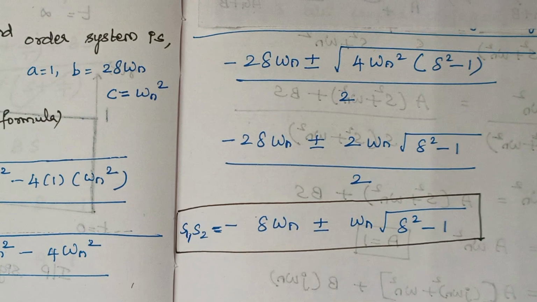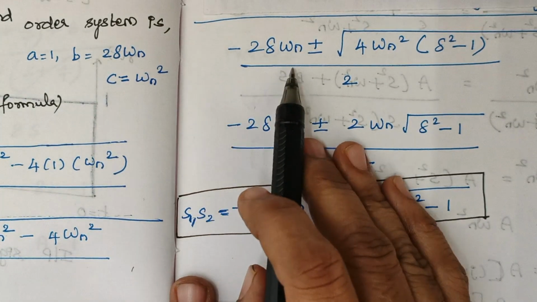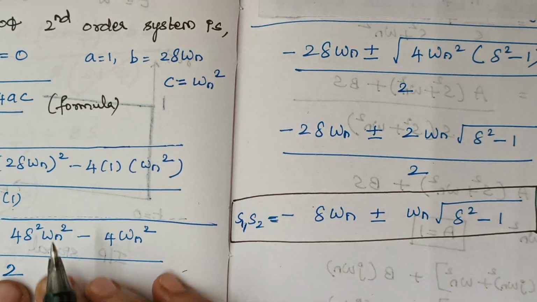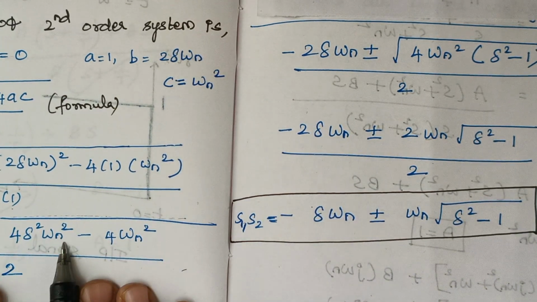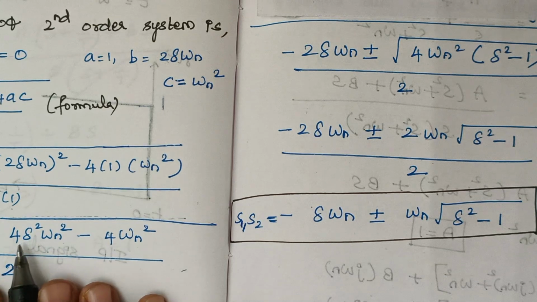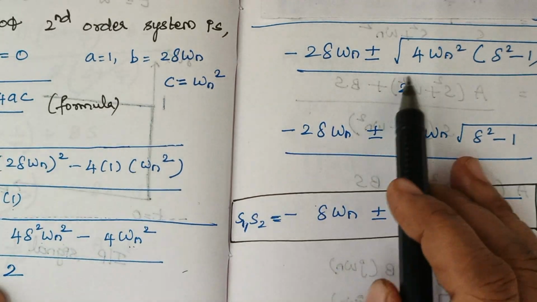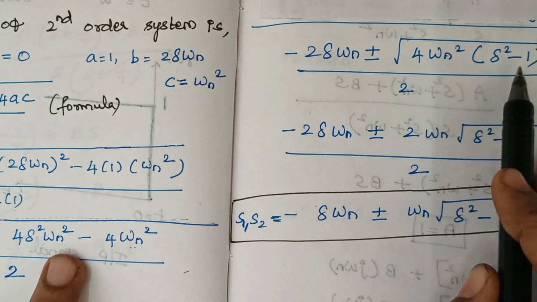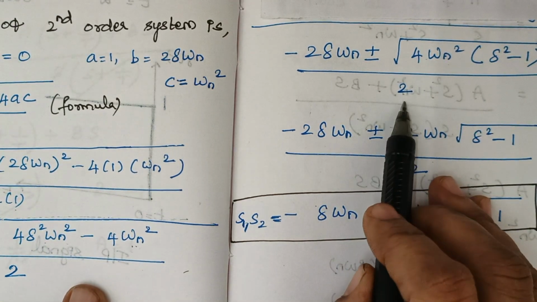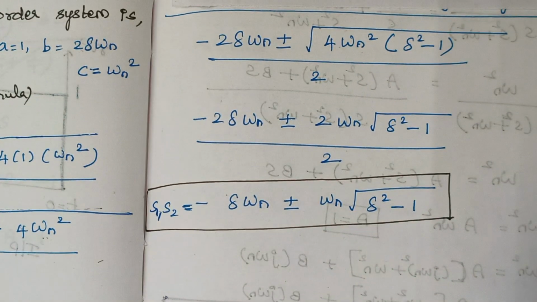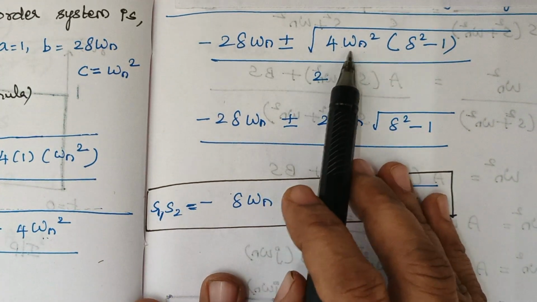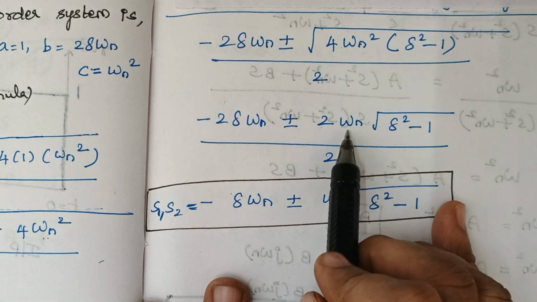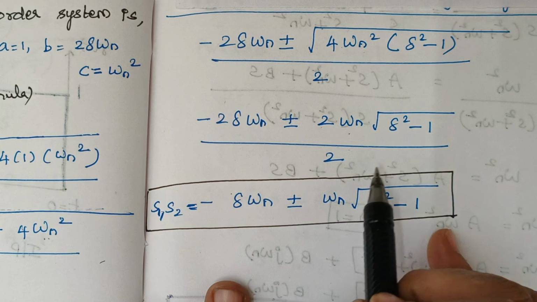Here again minus 2 zeta omega n plus or minus, you see in this term I am going to take 4 omega n square commonly outside because this is present in both these terms. When you take 4 omega n square, the remaining term will be zeta square minus 1 divided by 2. And when you take the square root of 4 omega n square, the square root of 4 is 2, and for omega n square this is omega n, and the remaining terms as such.